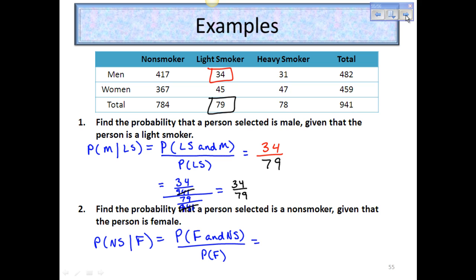Now we go count how many are non-smokers and females, where they overlap. That's 367. And then the total number that are females, 459.